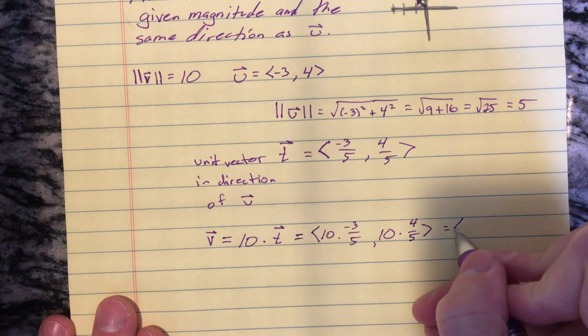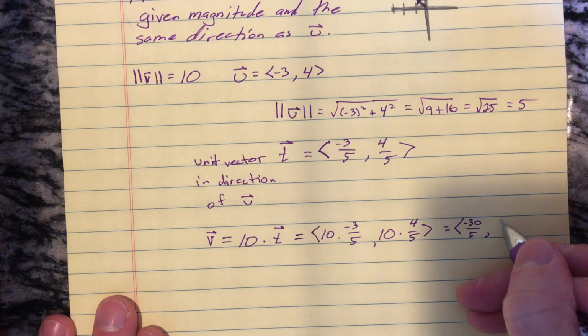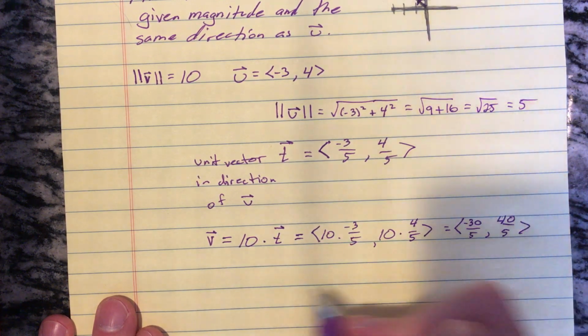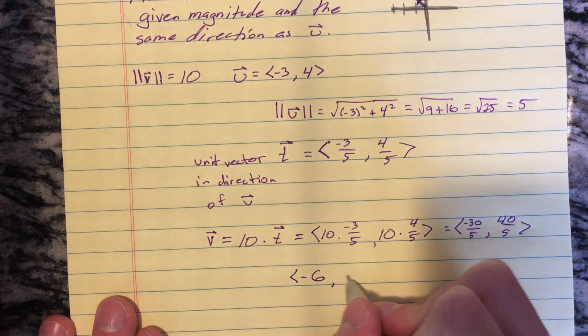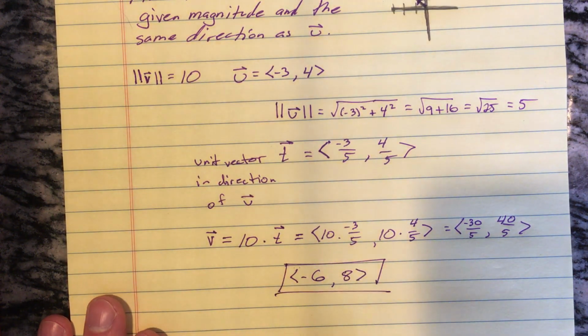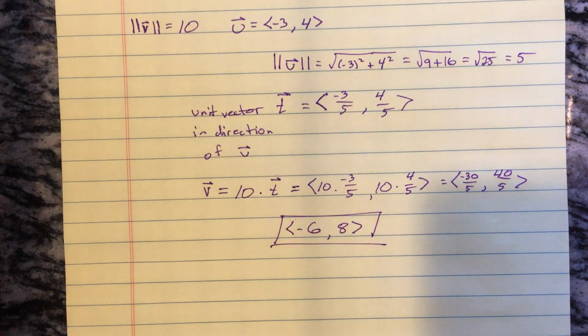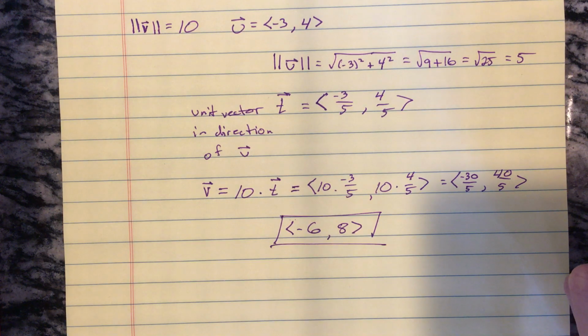And that's going to give us negative 30 over 5. You could do some reducing here and cut out this step probably, but I'll take my time. So then our final answer would be negative 6, comma 8. That's the vector v. It's got a magnitude of 10, and it's going in the same direction as vector u.